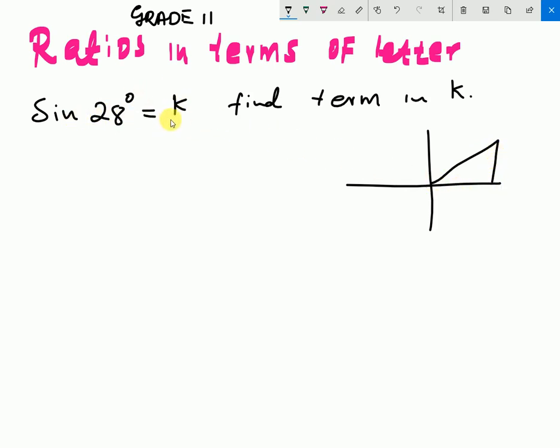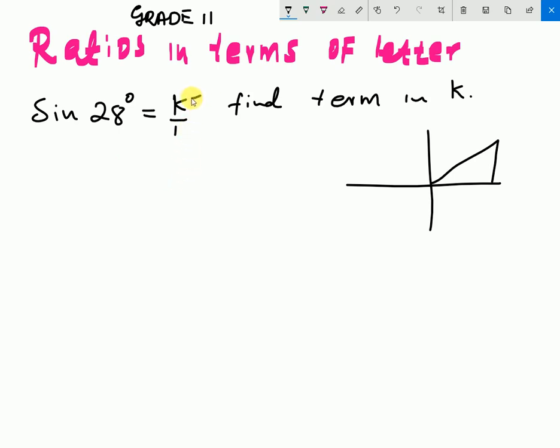Immediately, we can say this is over 1. You can ask me, where do you get 1? People, we are dealing with ratios. Ratios and fractions are just one thing. That's why if you see this one equals k, it might be k over 1, because ratios and fractions are one and the same thing.